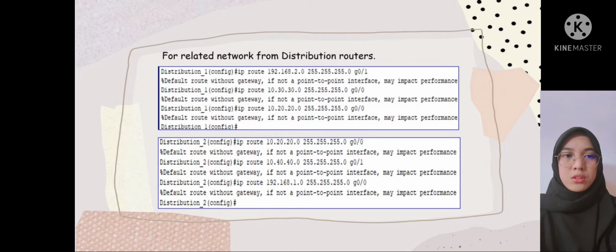Then ip route 10.30.30.0 255.255.255.0 G0/0, and the last one is ip route 10.20.20.0 255.255.255.0 G0/0. For distribution 2, we configure ip route 10.20.20.0 255.255.255.0 G0/0, and then ip route 10.40.40.0 255.255.255.0 G0/1, and the last one is ip route 192.168.1.0 255.255.255.0 G0/0.